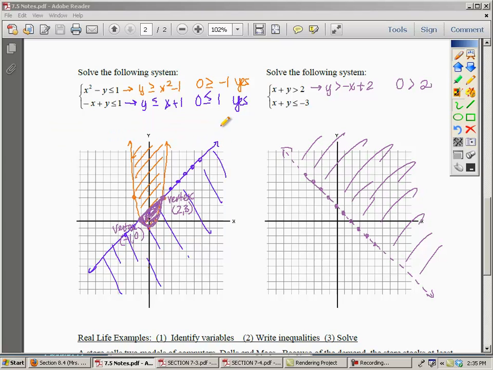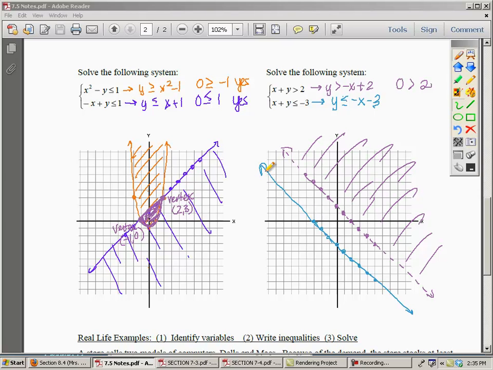Let's grab another color. I apologize. Y is less than or equal to negative x minus 3. So negative 3. And I hope this is a less than or equal to, so this can be a solid line.